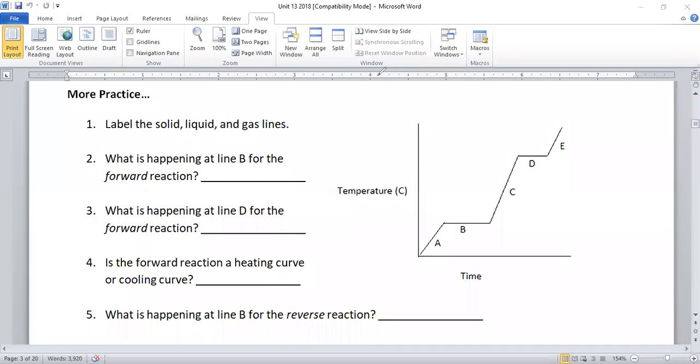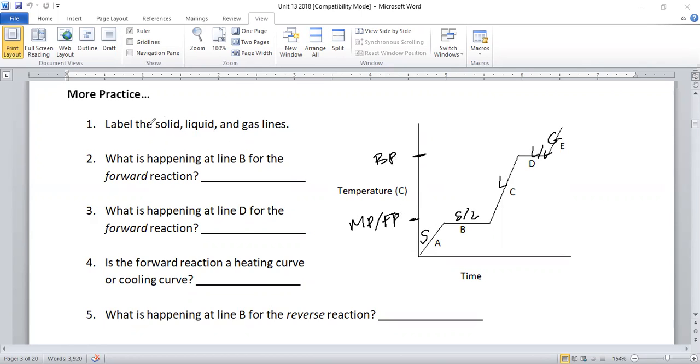Okay, so again, I would label these solid, liquid, gas. Solid, liquid, liquid, gas, boiling point, melting point, or freezing point.